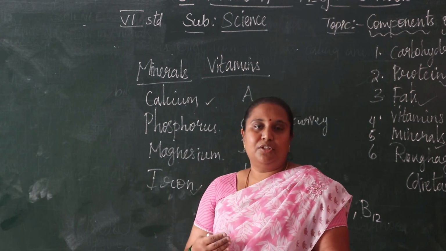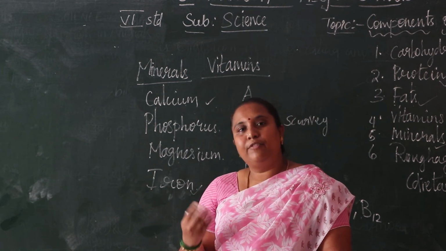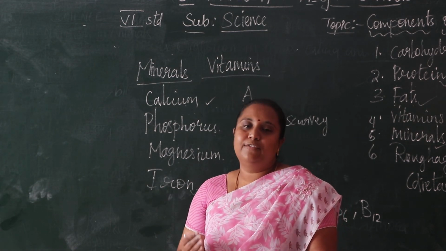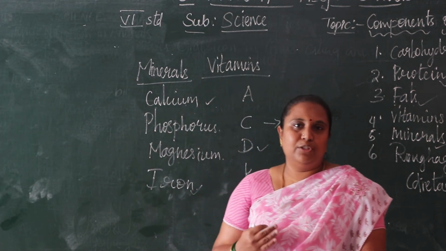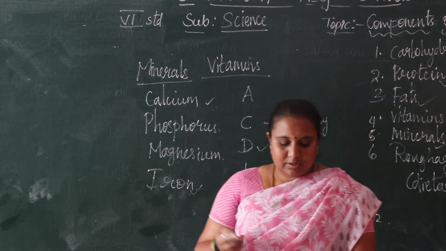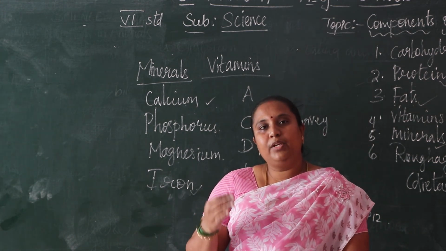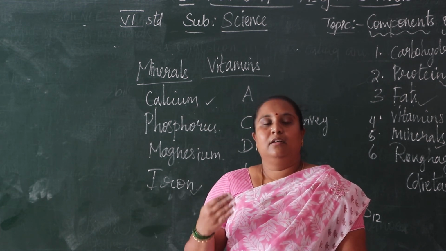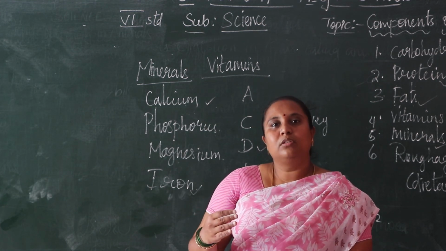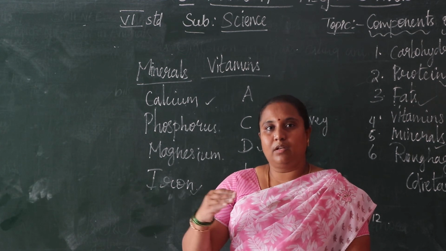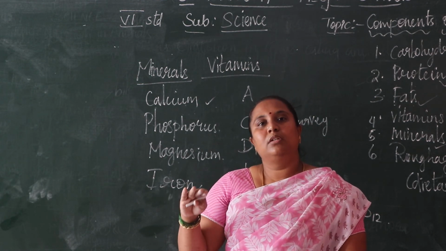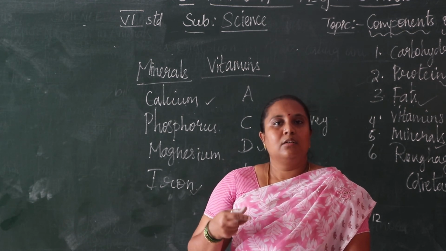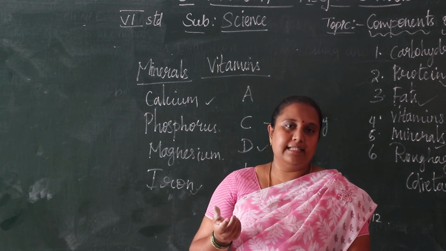What is meant by deficiency? The loss of nutrients, that we can say is a deficiency. The loss of nutrients affects normal growth and good health, and it causes so many problems, like skin diseases.